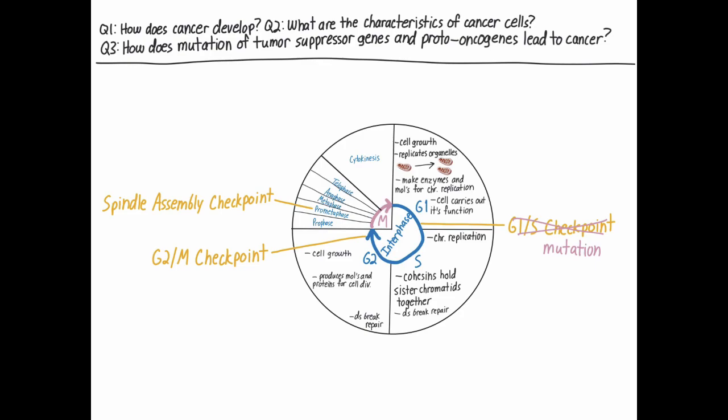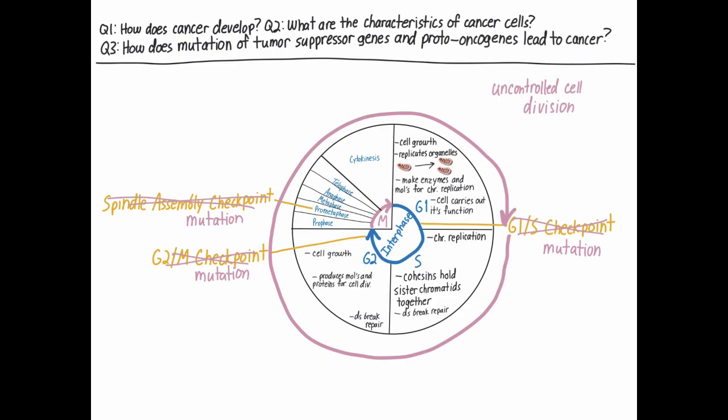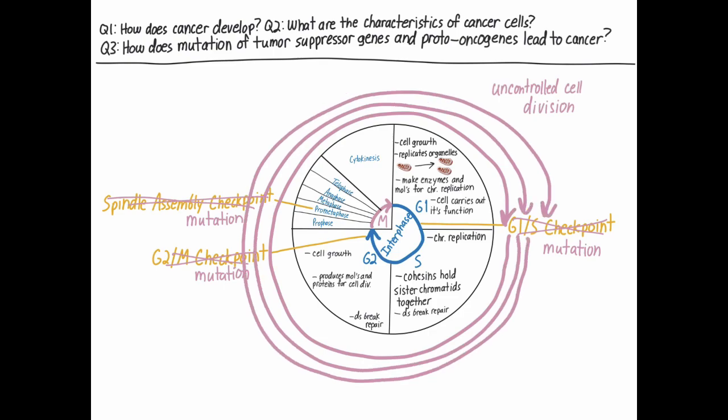For many cancers to develop, multiple checkpoints must be bypassed before uncontrolled cell division can occur. This usually requires multiple mutations to at least a few different genes. This is one reason many cancers require several mutations and the loss of multiple checkpoints before they can occur.